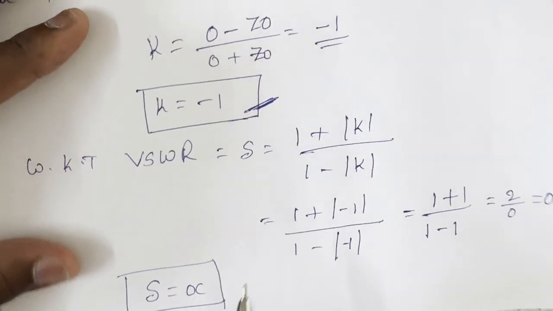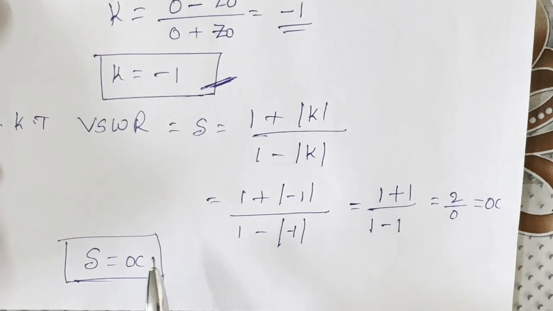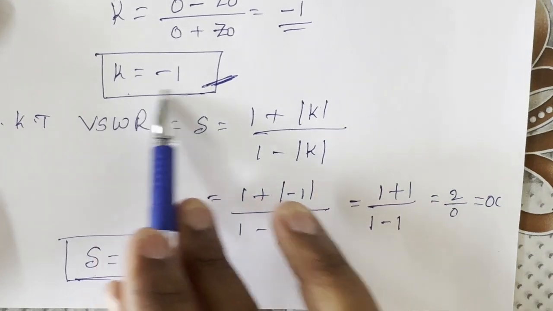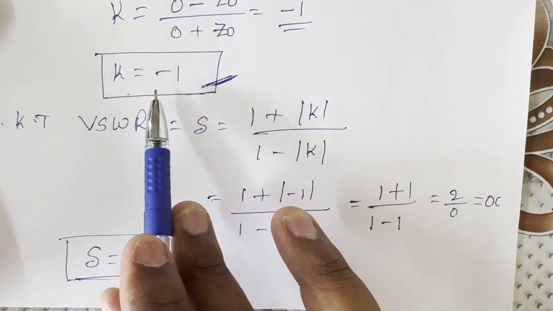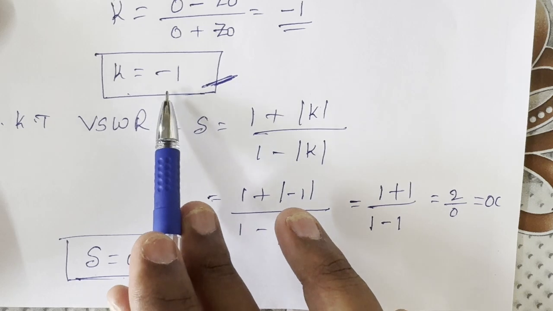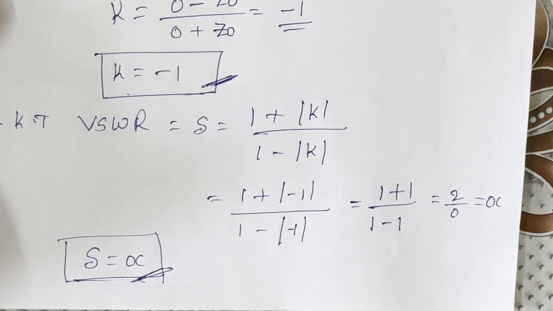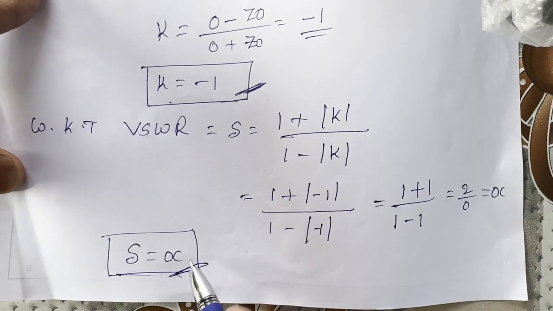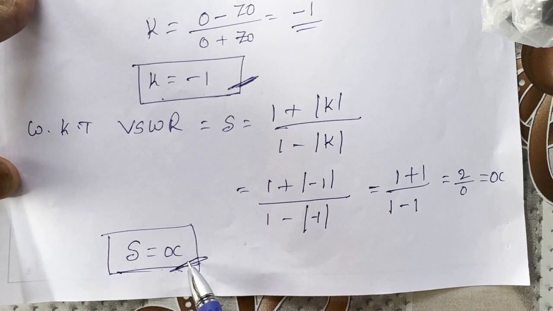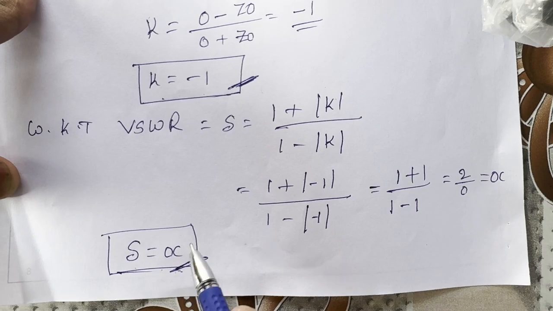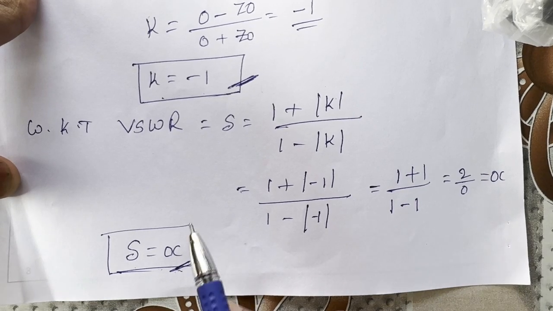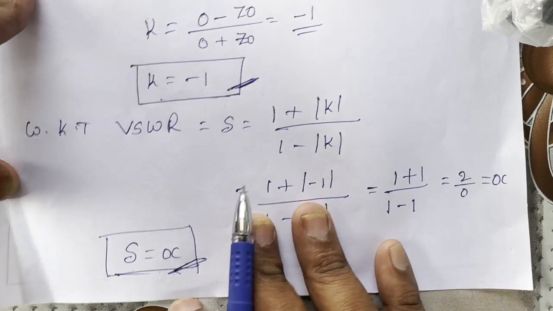In case of a short circuited transmission line, the VSWR is infinity and the reflection coefficient K equals minus 1.